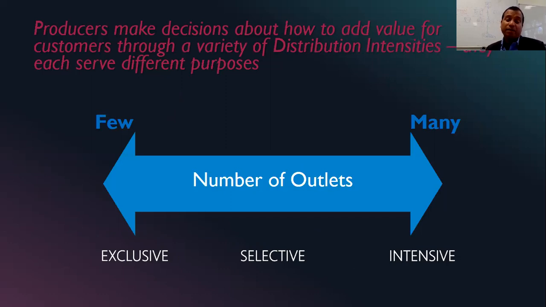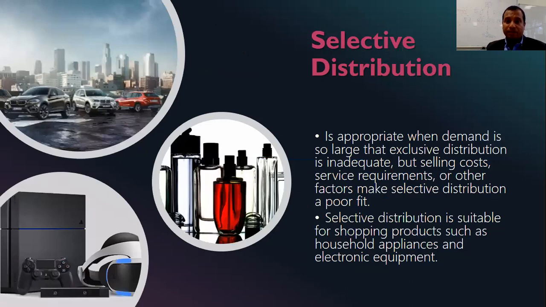Somewhere in between you have a third choice, known as selective distribution, which is a combination of outlets. Selective distribution is appropriate when demand is so large that exclusive distribution is inadequate. If you have difficulty providing after-sale services, or there are other costs like selling cost or service requirements, one exclusive showroom in a region will not be appropriate.